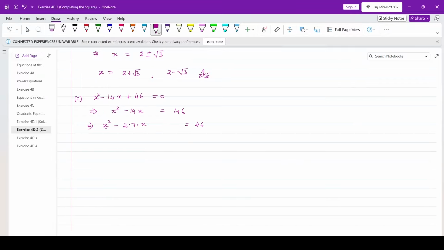Now we know this is x square, this is 2ab, so we can definitely say this is a, and hence plus a square is plus 7 square, and we do it on either sides.